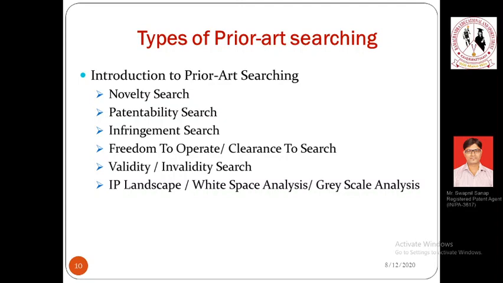If the intention is to check whether my invention has merits and it cannot be cancelled, revoked, or invalidated in future, this search is called a validity search. Whereas when a search is performed to cancel a granted patent or a patent application, it is called an invalidity search. So it completely depends on which side you are standing on, right?